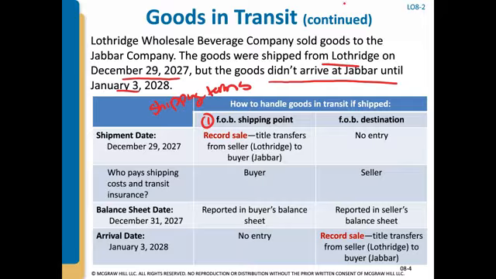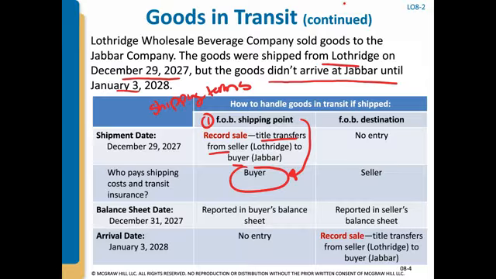The first one is FOB shipping point. If the shipping term says it's FOB shipping point, that means that as soon as that merchandise leaves the seller, the title to the inventory transfers from the seller to the buyer. So it's really the buyer. If it's FOB shipping point, the buyer owns that inventory as soon as it's shipped out.